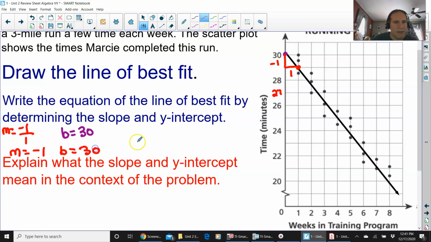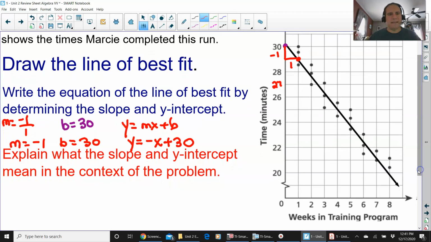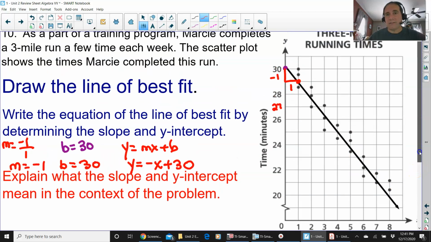Write the equation. We are going to write y equals mx plus b, and we are going to have an equation of y equals -x, you don't have to put the 1, plus 30. Explain what the slope and y-intercept mean in the context of the problem. So we started with 30 minutes, right?